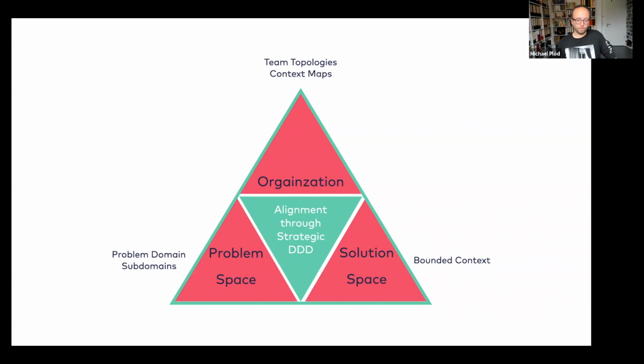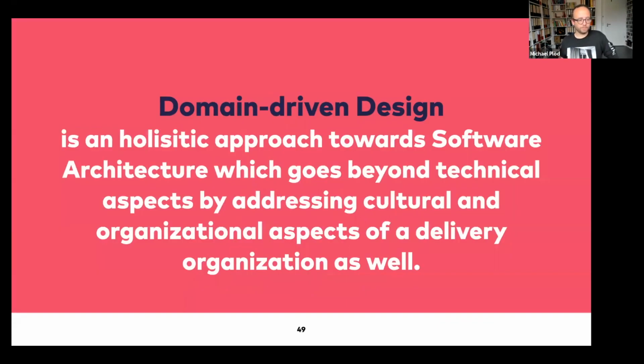So to sum that up, DDD is a holistic approach to software architecture. It goes way beyond technical aspects. We address cultural and organizational aspects of a delivery organization as well.